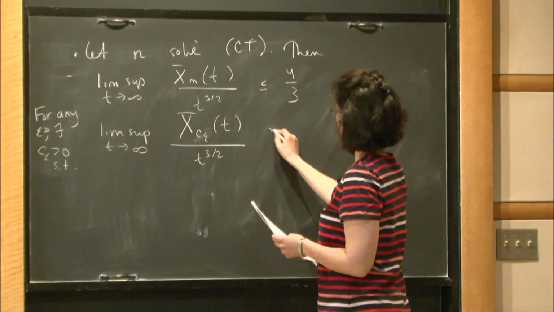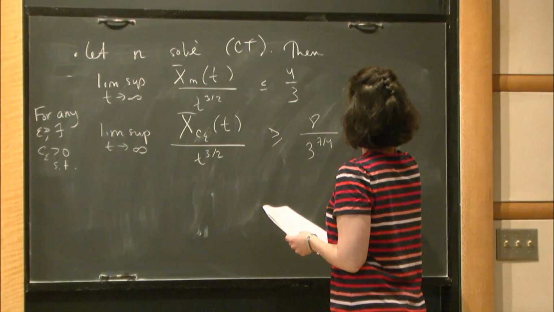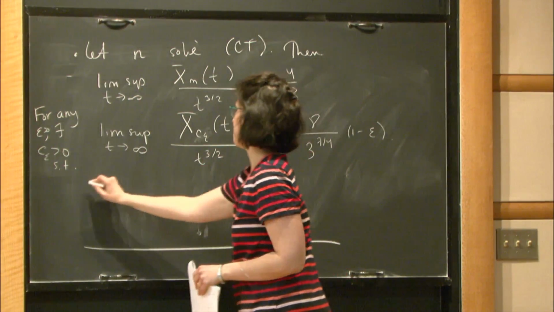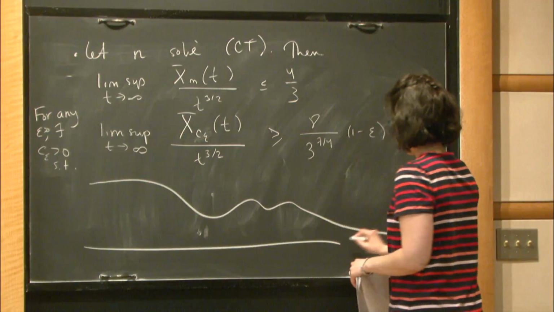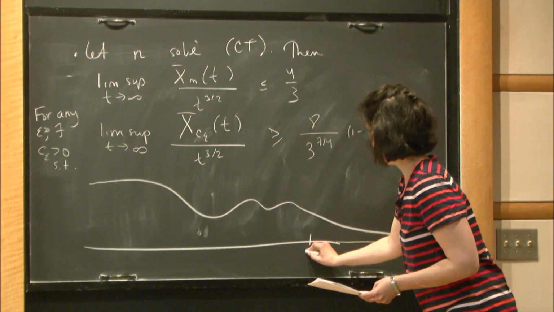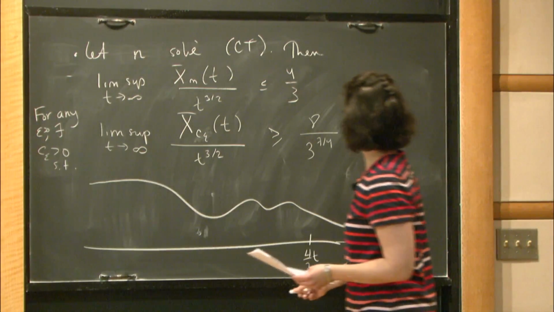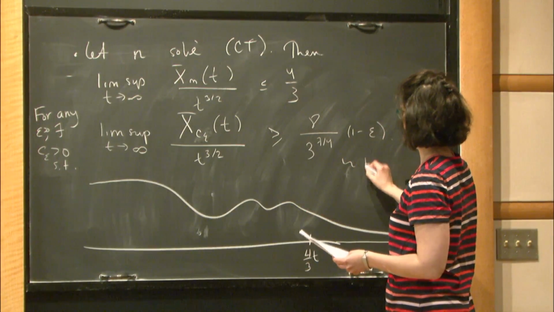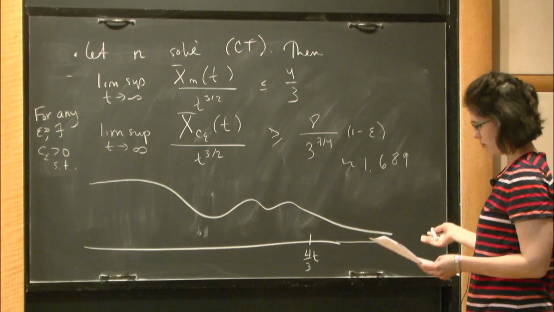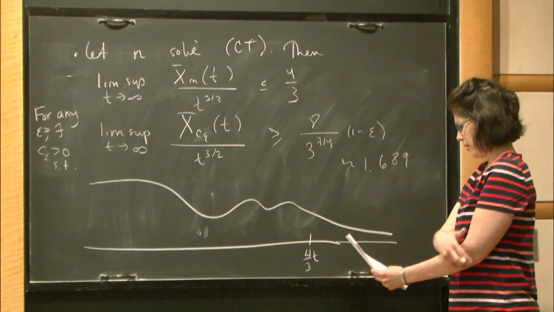And moreover, this is not 3/4. So again, let me draw the picture. What they're saying is that, let's say this is 4/3 t. And what this number is like is 1.689. So it's smaller than 4/3.